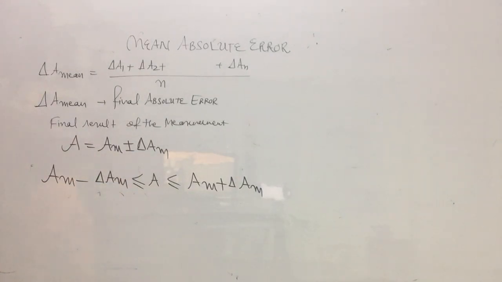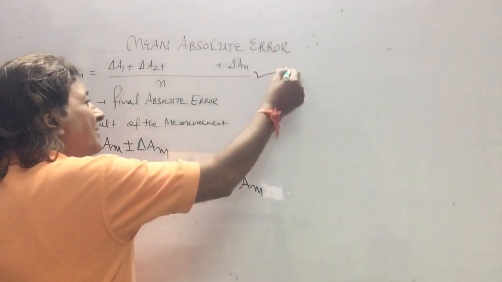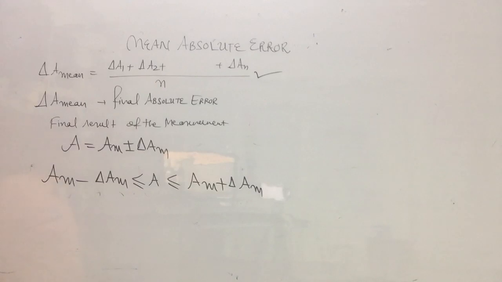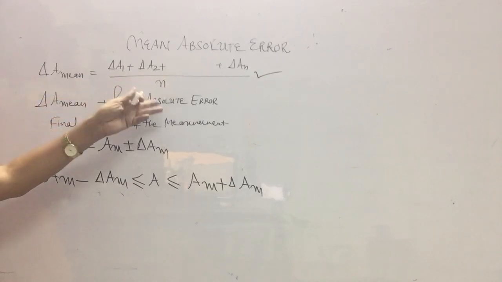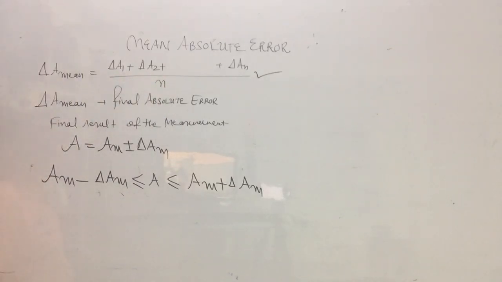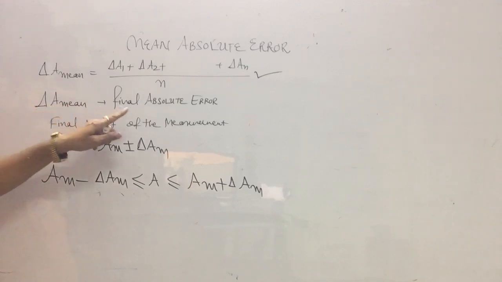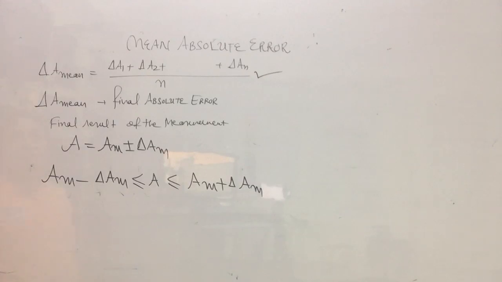Mean absolute error is the arithmetic mean of all the absolute errors, which is delta A1 plus delta A2 and so on to delta AN divided by N. Then students, delta A mean is the final absolute error.